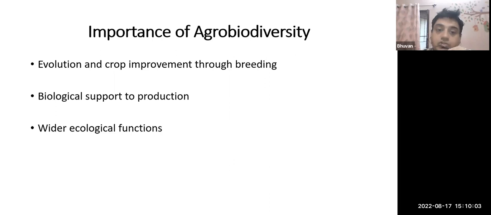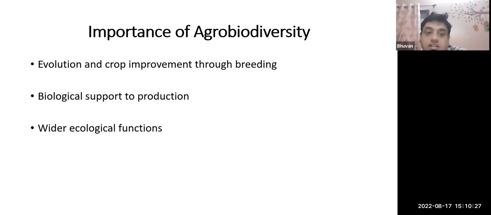Second is the biological support to production. If we talk about the agriculture production system, we refer to that as the agro ecosystem. In that, various kinds of abiotic and biotic components play a major role in the production of the output of the crop plants.